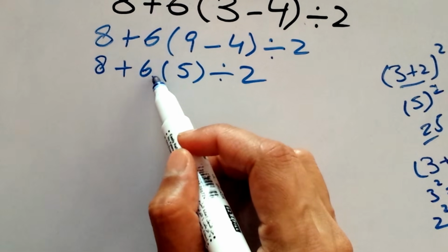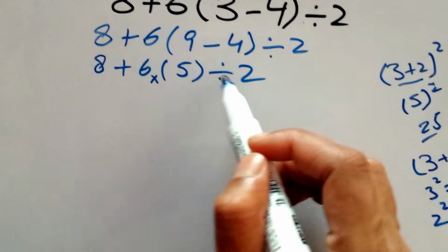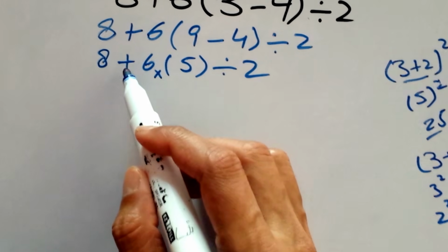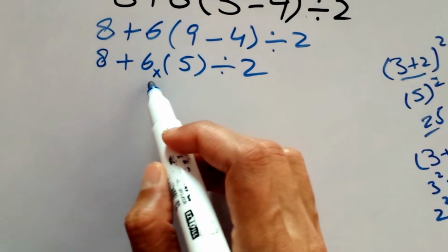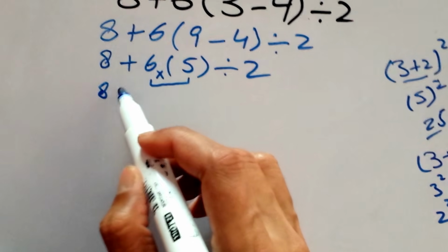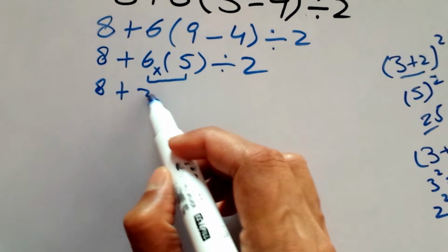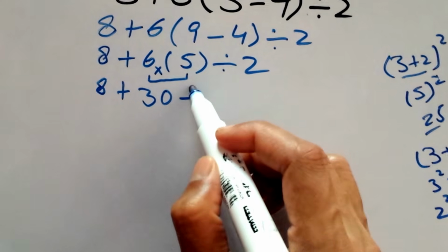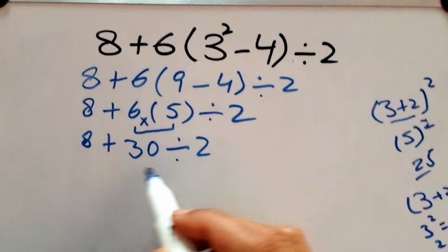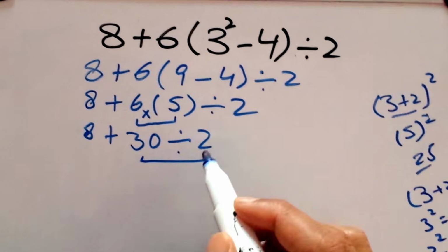Now here is a hidden multiply. So multiplication and division should be done before addition and subtraction. So multiply first. So 6 times 5 equals 30, divided by 2, right? Now division first.